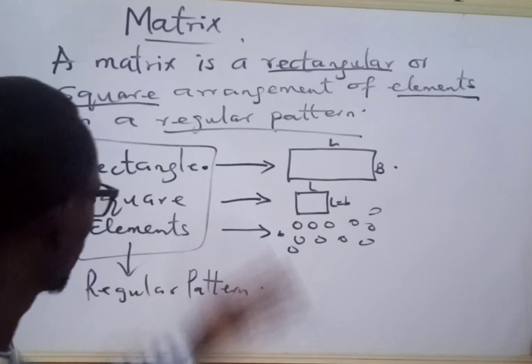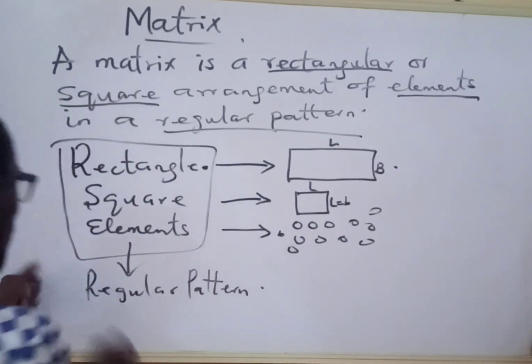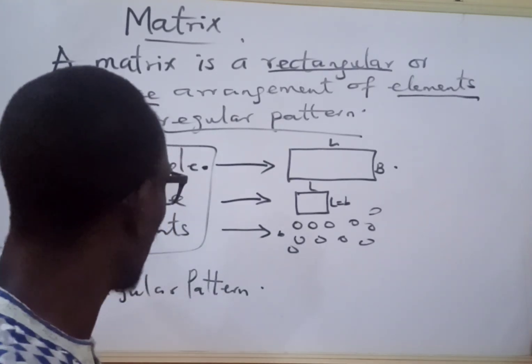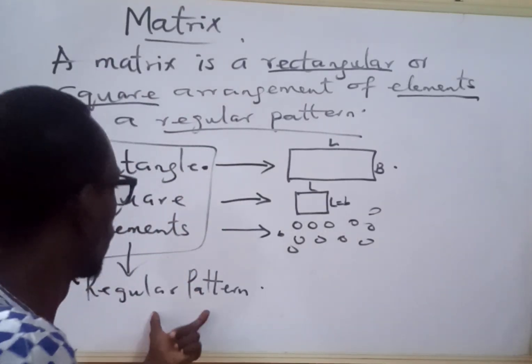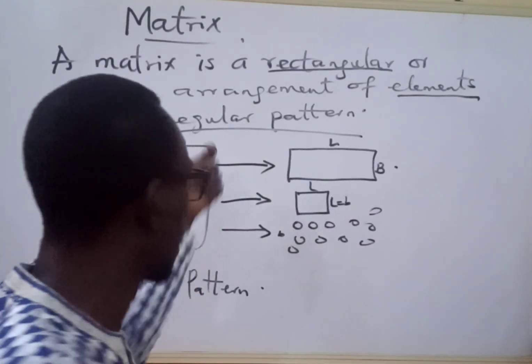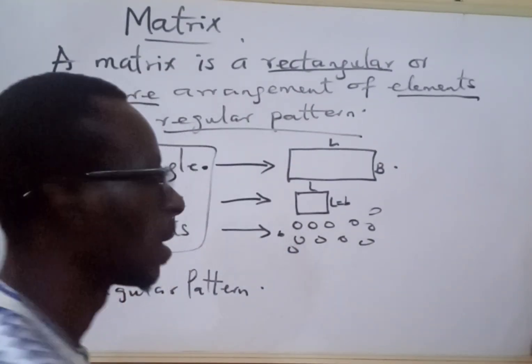And let me go back to the regular pattern. This regular pattern has its basis from the rectangle and the square. That means we are only laying emphasis on patterns that are arranged only in rectangle or square.